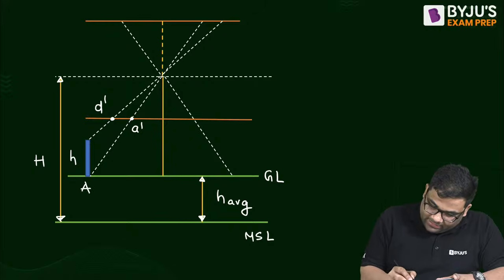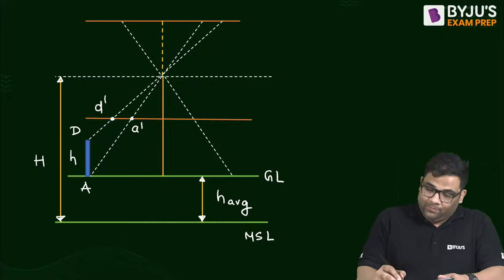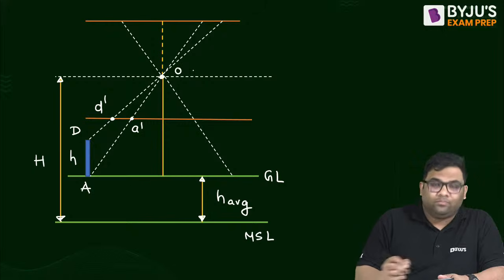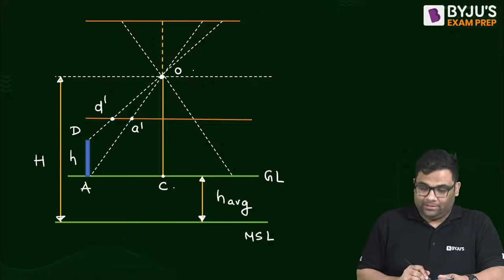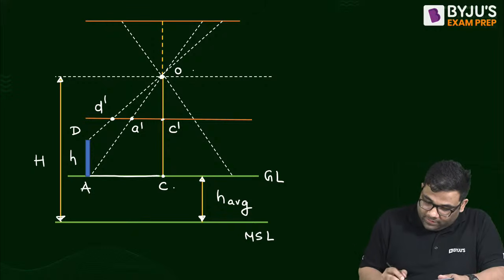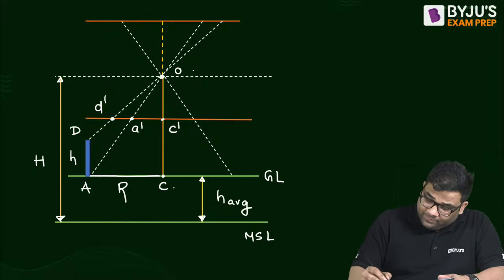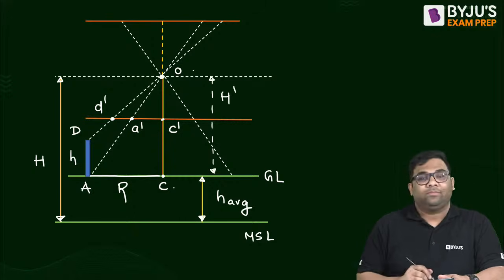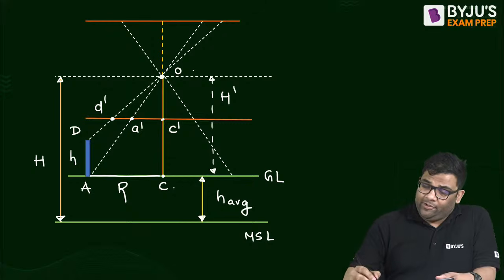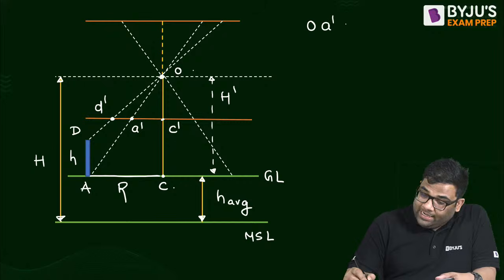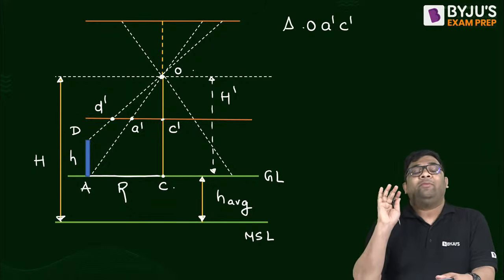This is your A and this is your D. Suppose I am taking this point as O, and this point as C, and this as C dash. Now suppose this AC, I am taking as capital R. And this OC, from here to here, I am taking as H dash.